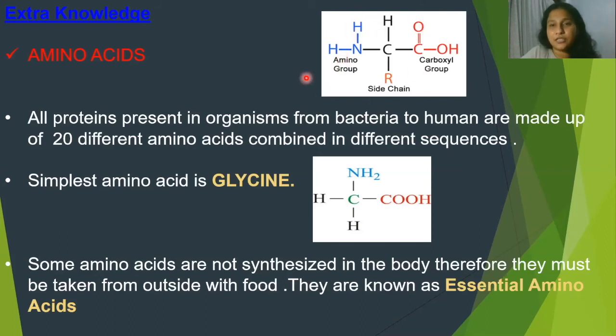You can see the carboxyl group, the hydrogen, and the amino group, and this is the side chain, that means R. There are 20 different amino acids, and this is the simplest amino acid, glycine, right? Here you can see a hydrogen instead of R.